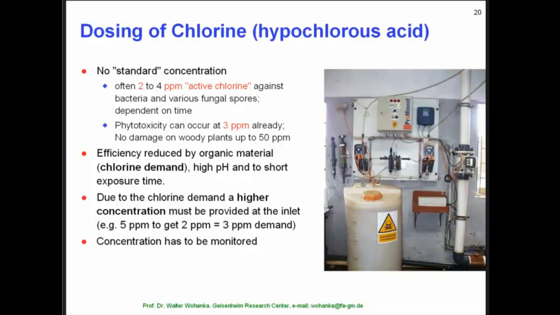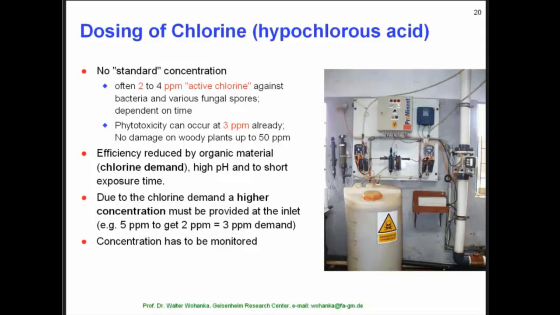To my knowledge, often 2 to 4 ppm are recommended, and they are also effective against bacteria and most of the fungal spores. However, at such levels, activity against viruses, nematodes, and fungal resting spores seems not to be sufficient. Phytotoxic concentrations are quite different, dependent mainly on the crop, the cropping system, and perhaps the irrigation system.